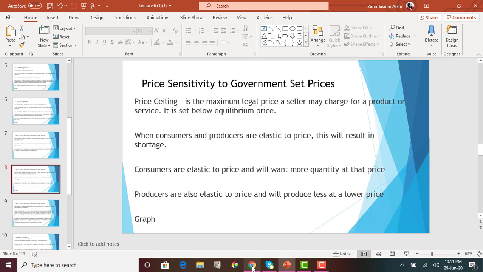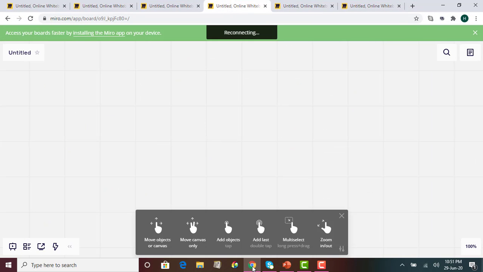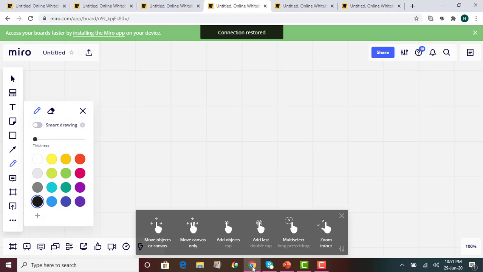That is below the equilibrium price. I'm sorry, for a price ceiling, it is the maximum price that sellers can charge, and it is below the equilibrium price. When consumers and producers are elastic to price, this will result in a shortage. So let me draw the graph to explain this.